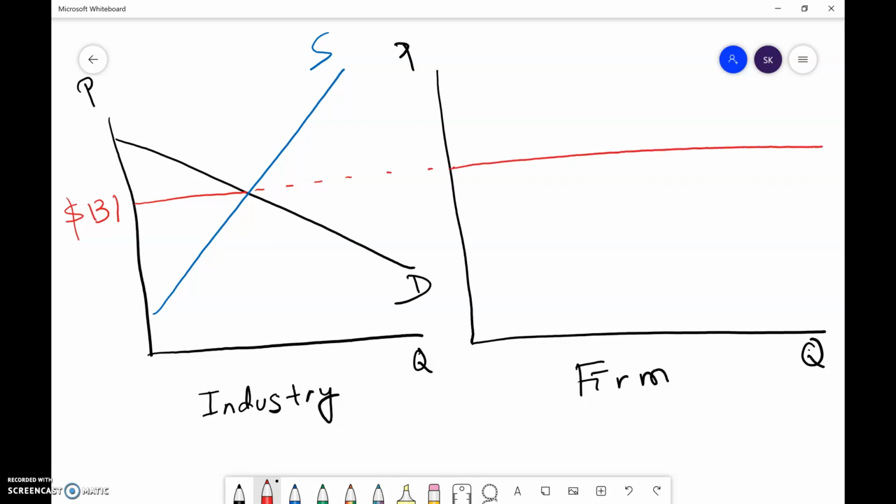The firm's demand curve is a horizontal straight line, and this is also equal to the price of the product. So this is all I wanted to show. The price is equal to the demand curve, and we can derive the firm's demand curve from the industry demand curve. Thank you very much.